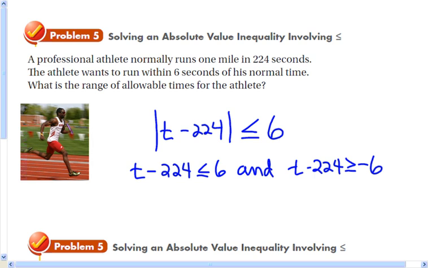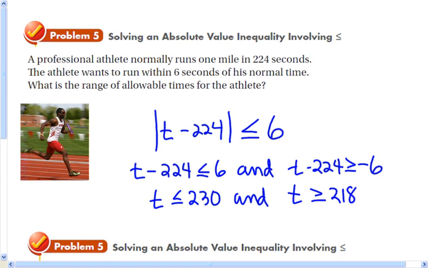If I solve this side, if I add 224 to both sides, I get t less than or equal to 230. And if I add 224 here, t is greater than or equal to 218.